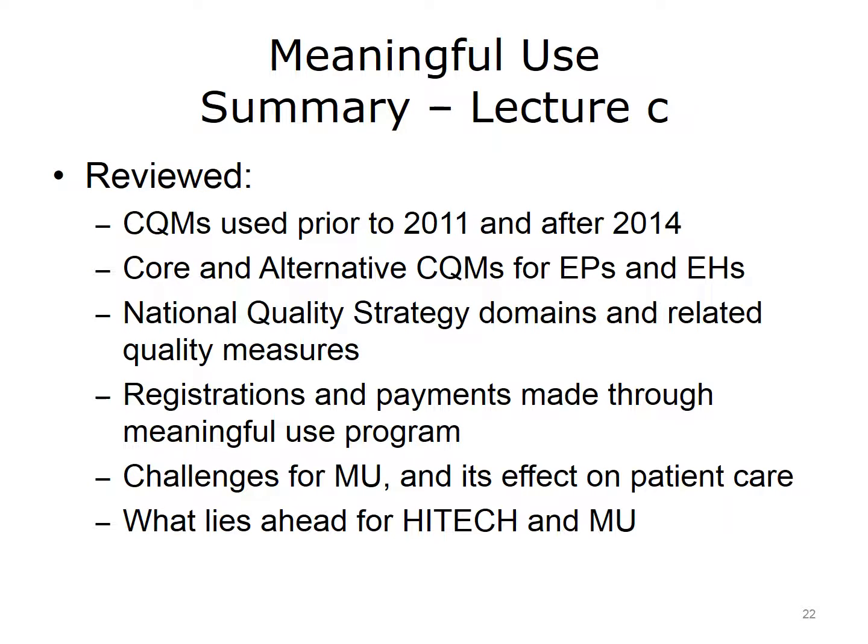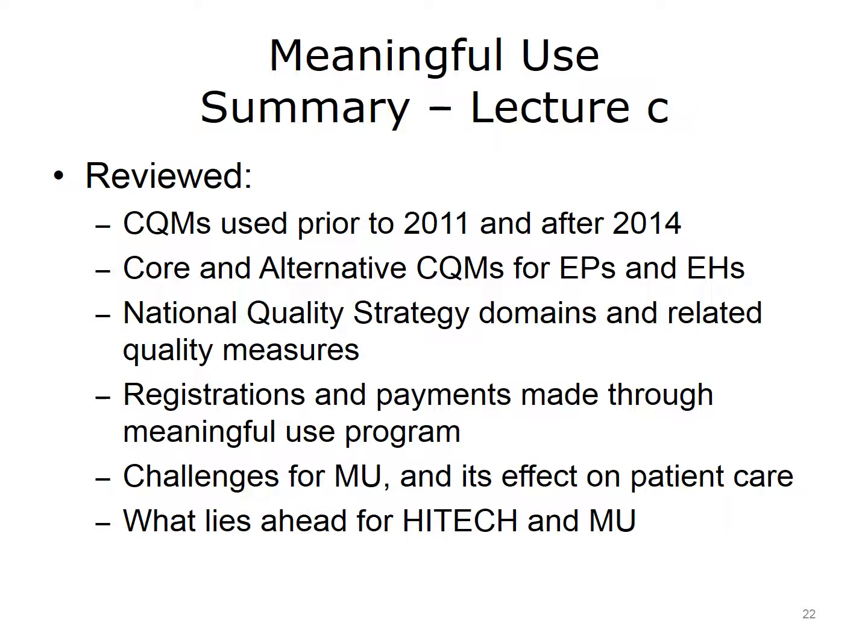This concludes Lecture C of the Unit on Meaningful Use. In this lecture, we reviewed clinical quality measures that are used as the standard for meaningful use. We discussed which CQMs were used prior to and after 2011, what core and alternative CQMs applied to both eligible providers and eligible hospitals, and the stages of change to CQMs that started in 2014.